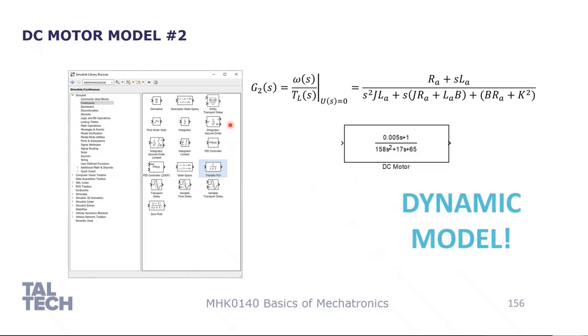So the transient or dynamic model will show exactly the same values as the static or steady state model. But on the other hand, it's complex to do. So this model is more advanced.